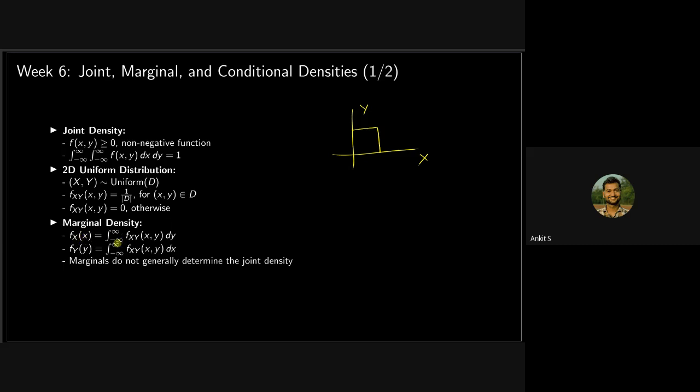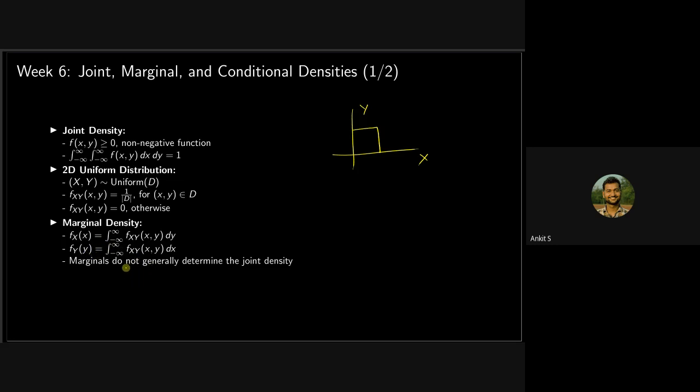Then we need to add up all the joint densities over all the range of the other random variable y. Here x is constant, because we have considered x, and y is variable. So we will add it over all the possible values that y can take. In this way we will get the marginal density for x. Similarly, we will get the marginal density of y.